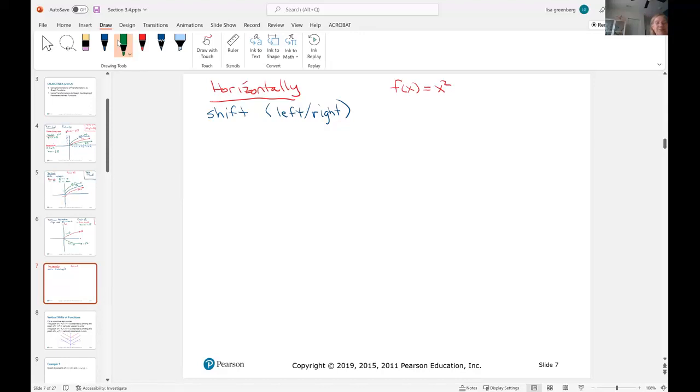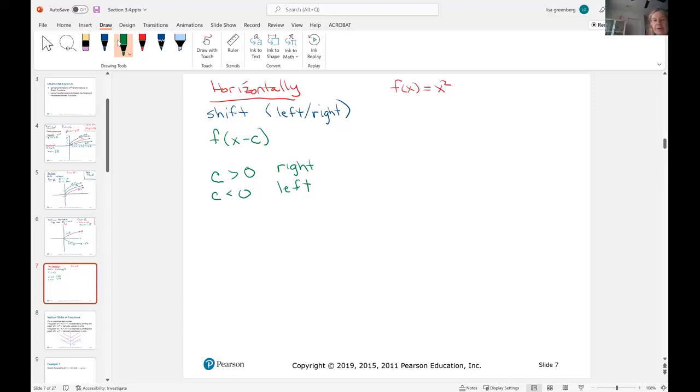If I say f of x minus c is the shift, then when c is greater than 0, I'm going to shift to the right. When c is less than 0, I'm going to shift to the left. And that all feels normal until you realize that there's a minus sign in front of the c.